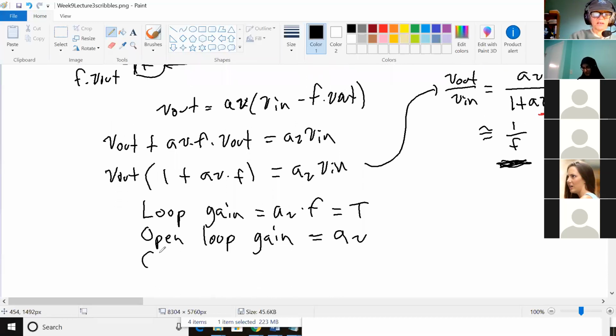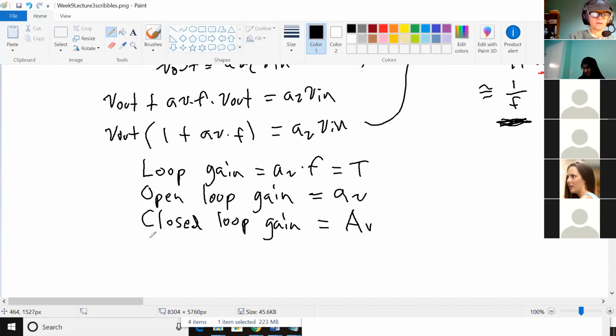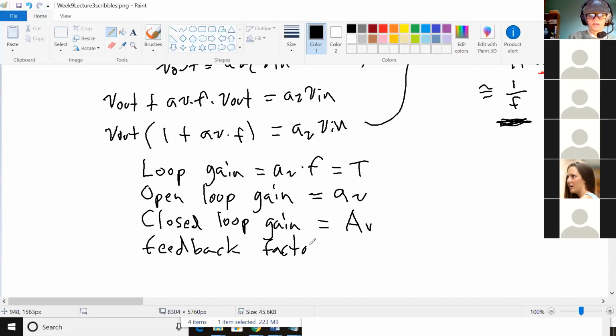The closed loop gain is when you connect up the feedback. And since it's the entire system, that's considered a capital AV. And the last term is the feedback factor. My textbook called it the feedback factor, and that's just F.